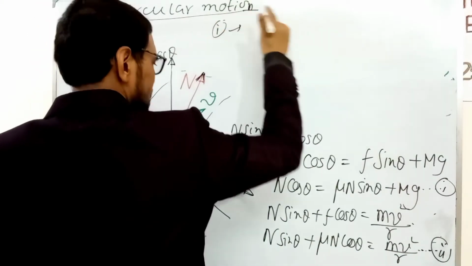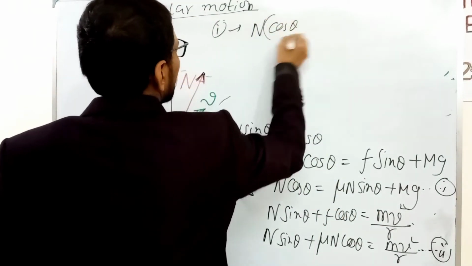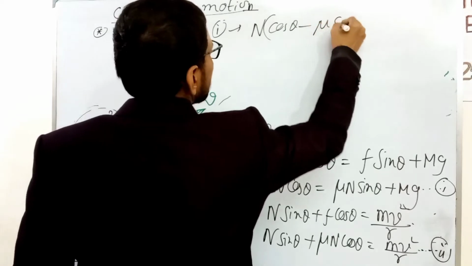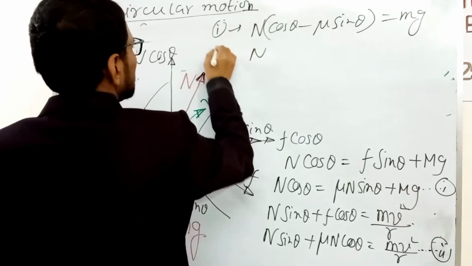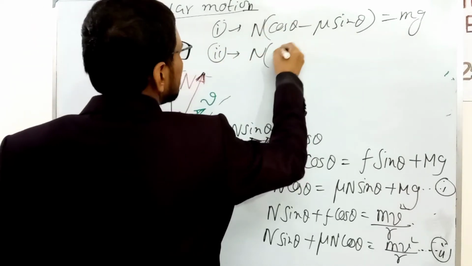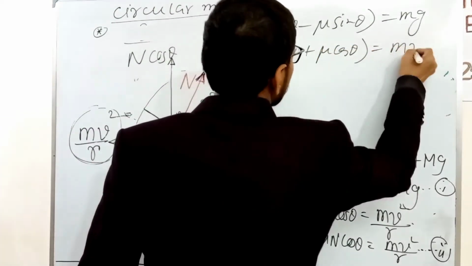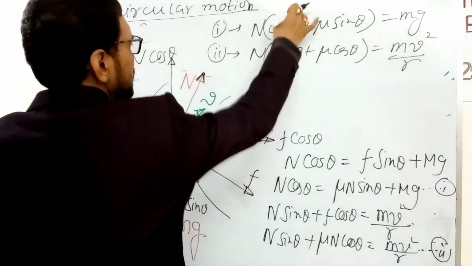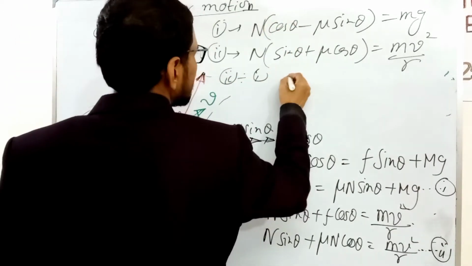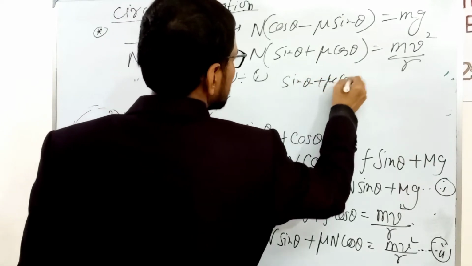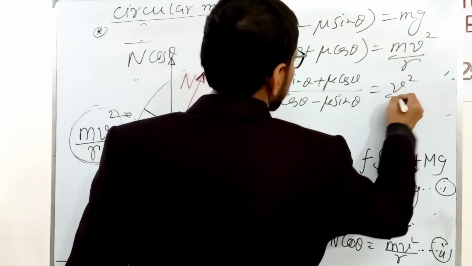From 1 we see that N cos theta minus mu sin theta equals mg, and from 2 N sin theta plus mu cos theta equals mv square by r. So dividing 2 by 1, we get sin theta plus mu cos theta divided by cos theta minus mu sin theta equal to v square by rg.